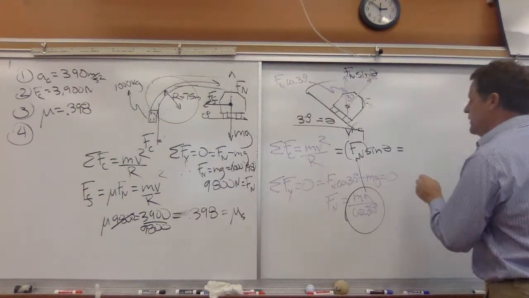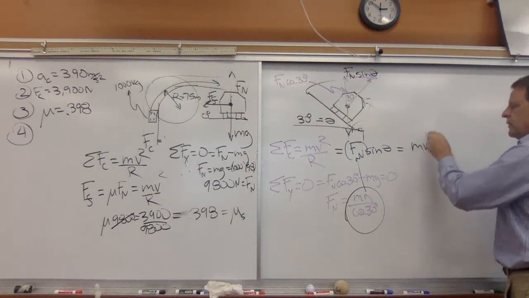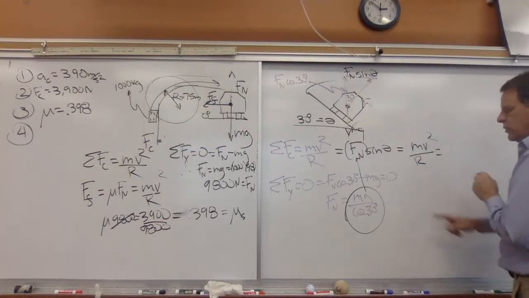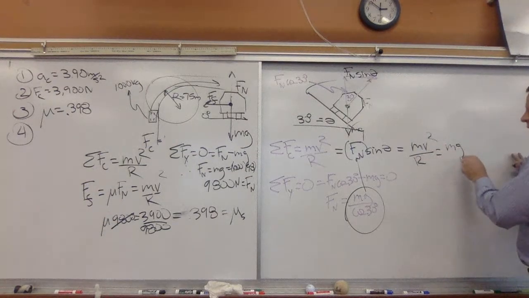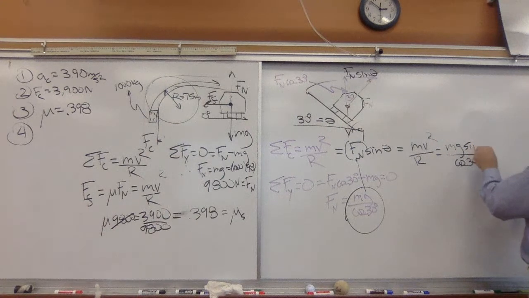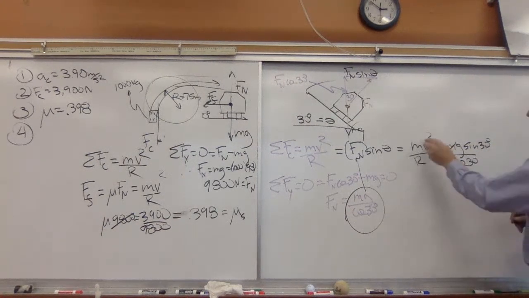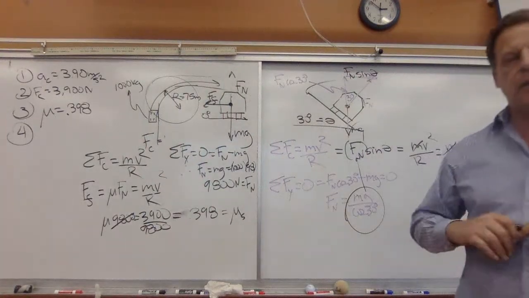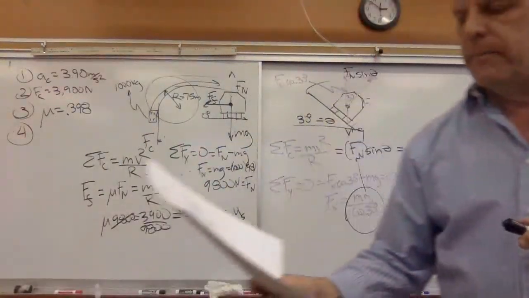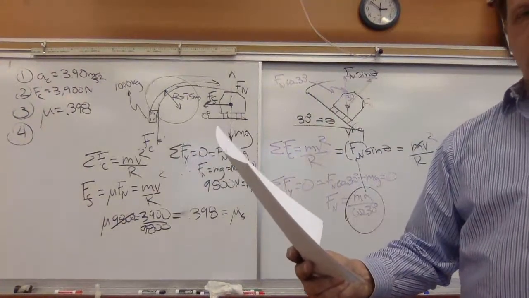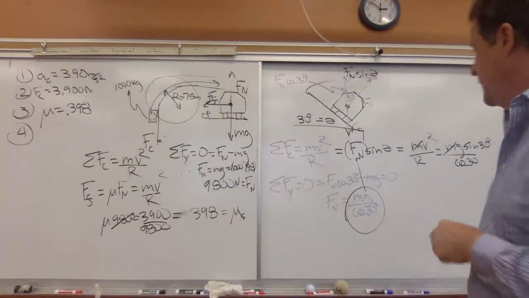So we're going to replace that right there, and we're going to get mv squared over r is equal to mg over cosine 30, but we forgot times sine 30, and now we can cross out the m's there, and so we're still looking for velocity.